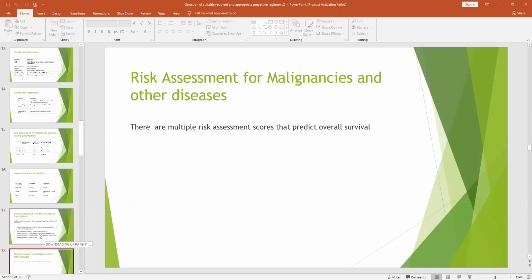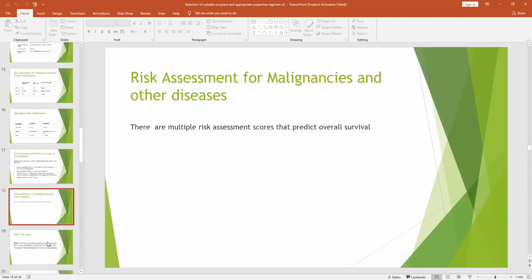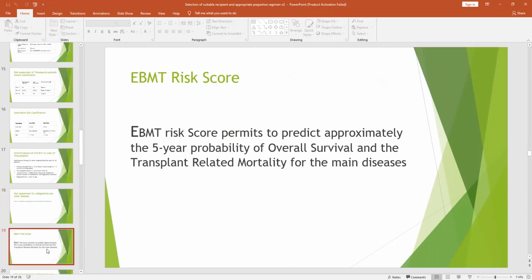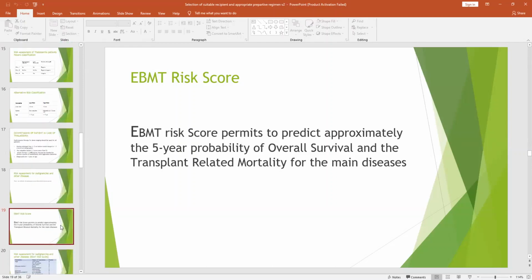And risk assessment for malignancy and other diseases: there are multiple risk assessment scores that predict the overall survival rate. The EBMT risk score permits predicting the approximately 5 years probability of overall survival and transplant related mortality for the main diseases.